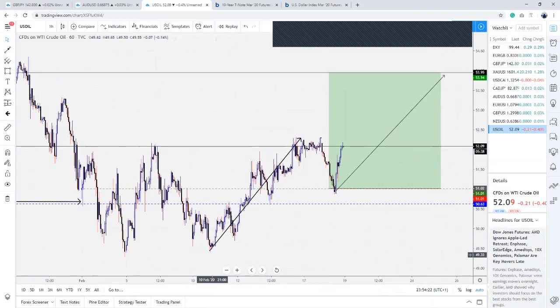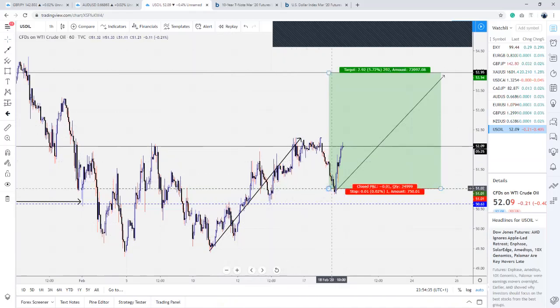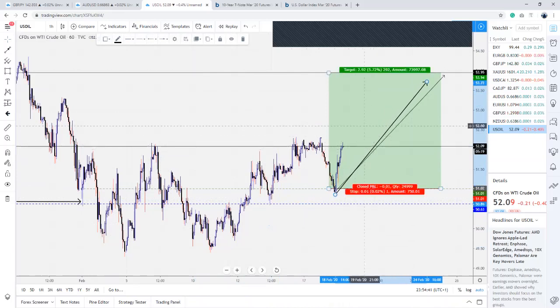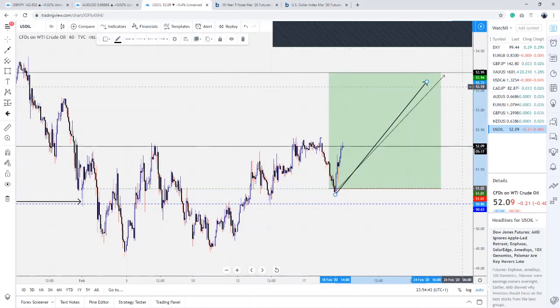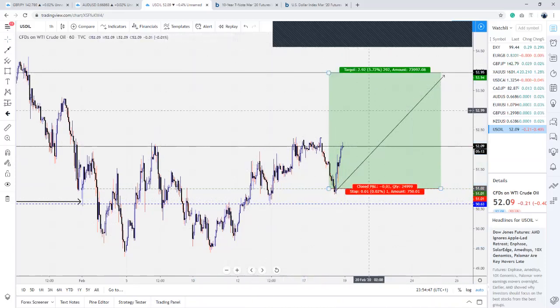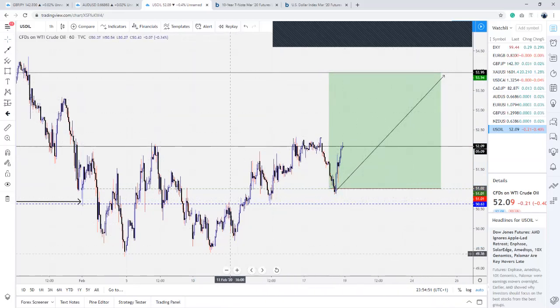If you measure the market from this low to this high, at this retracement, if you move this line to this level, that gives you your symmetrical price swing to 53.95, basically 54, which is a significant move, about a 300 pip move on oil.